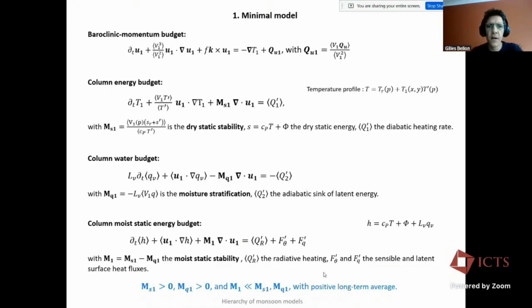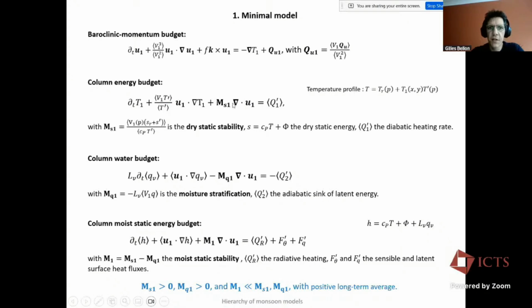And you can see that in the energy budget, we have the horizontal advection and the vertical advection, and of course the diabatic heating Q1 here, that are going to determine the tendency of temperature.